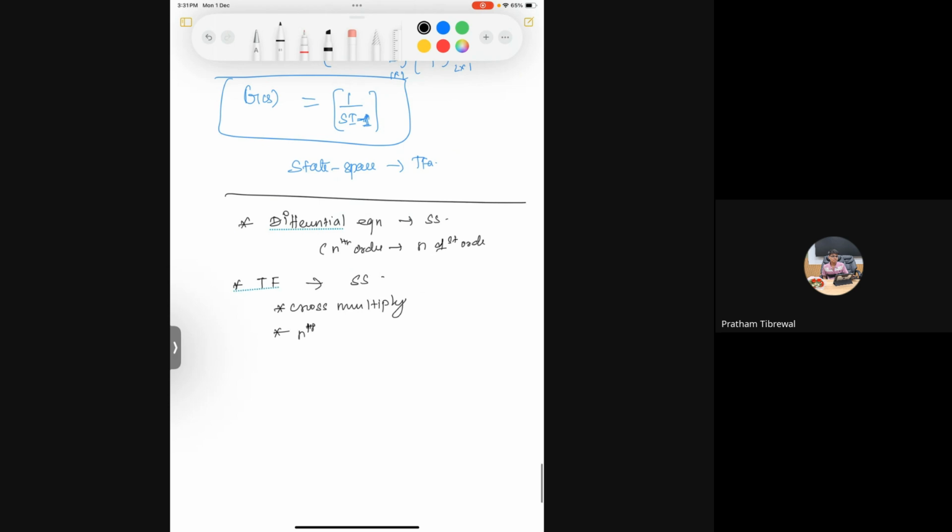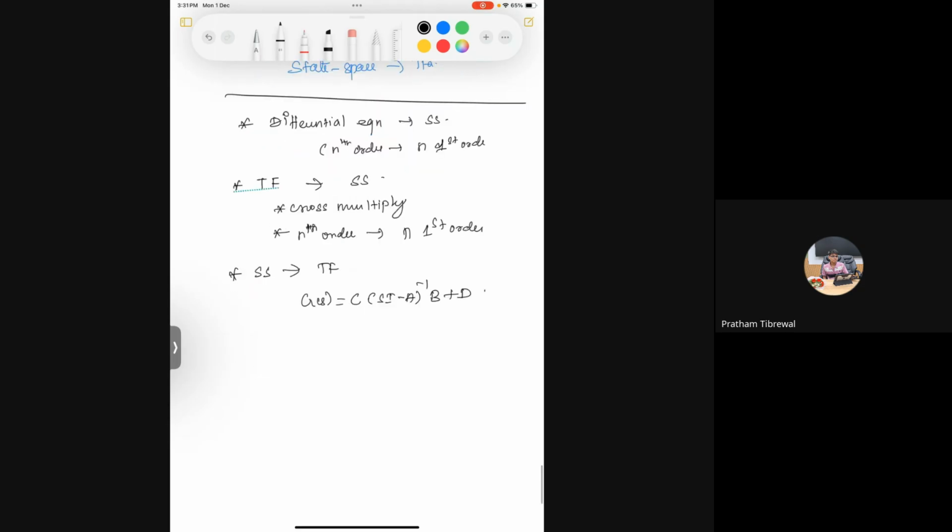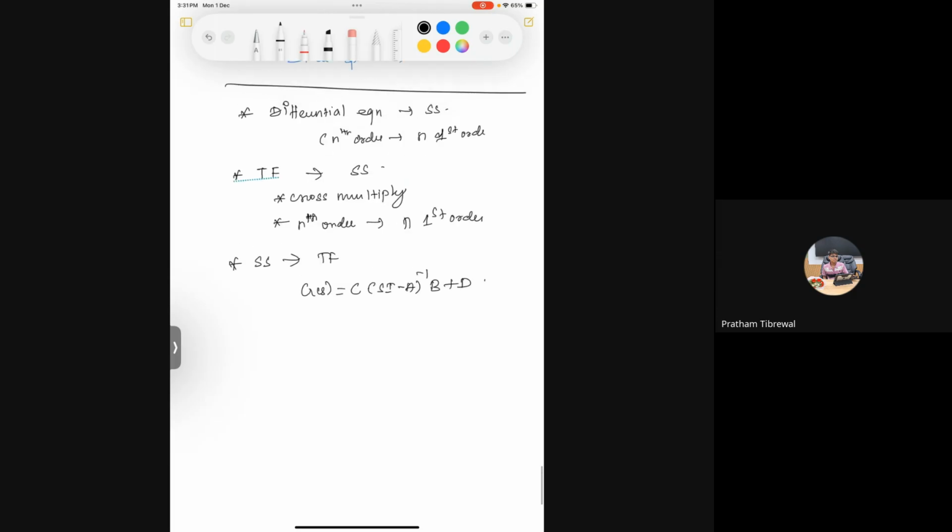Then we will apply the same nth order differential equation to n single first order differential equations. From state space to transfer function, we will use this formula: G of s is equal to C into sI minus A the whole inverse B plus D. D is almost zero most of the time, so it will be just C into sI minus A the whole inverse into B. That is the maximum value you get.